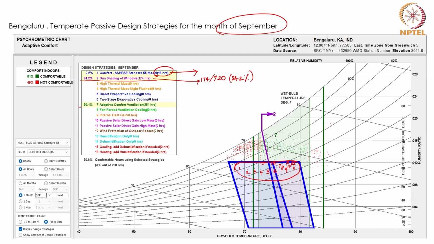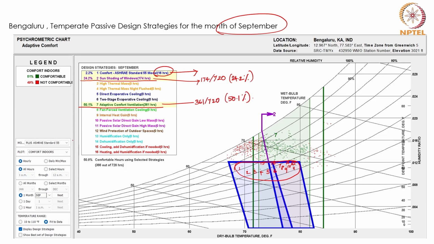Then if we are able to give adaptive comfort ventilation, then 361 hours out of 720, amounting totally to 50.1% of the hours become comfortable.